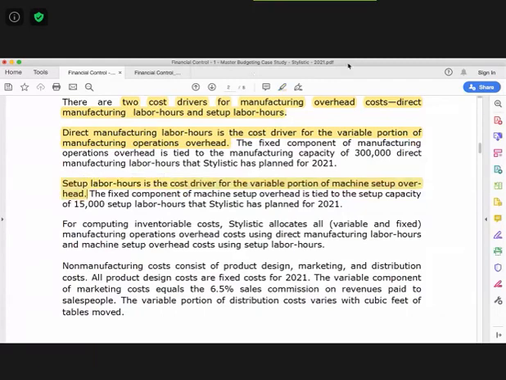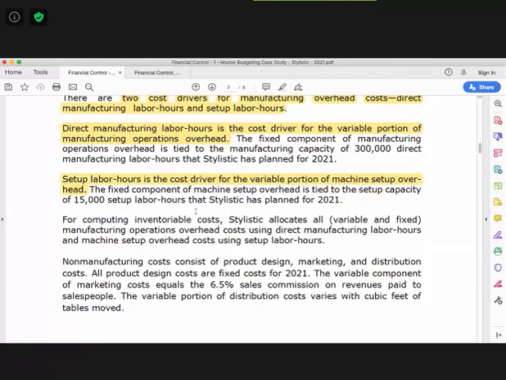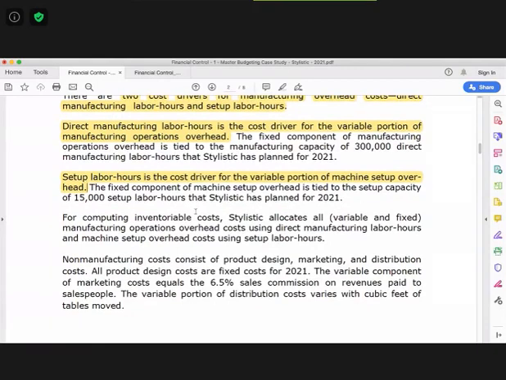So if we come back, the 9 million and the 3 million we spend will be proportional to the 300,000 direct labor hours for the 9 million and the 15,000 setup hours for the setting up indirect cost. I say it again. For the manufacturing cost, the 9 million, it's going to be proportional to the direct manufacturing labor hours.